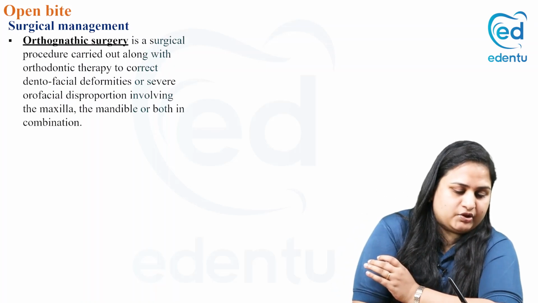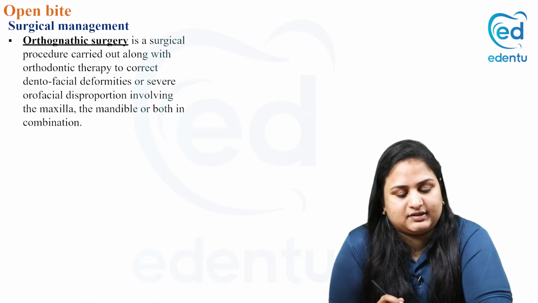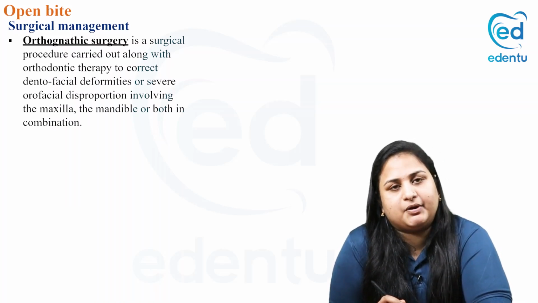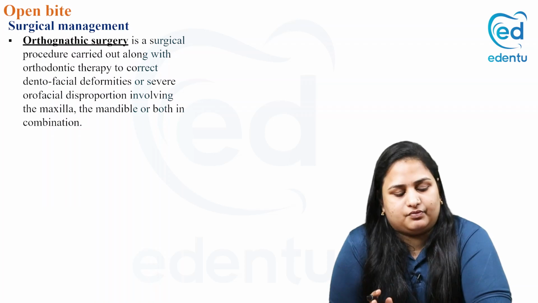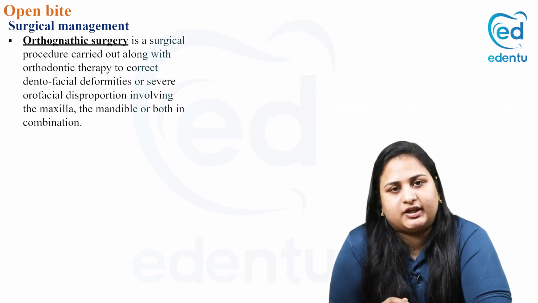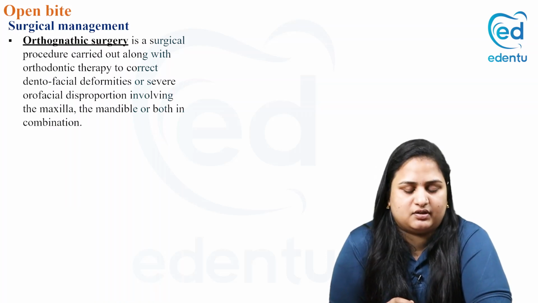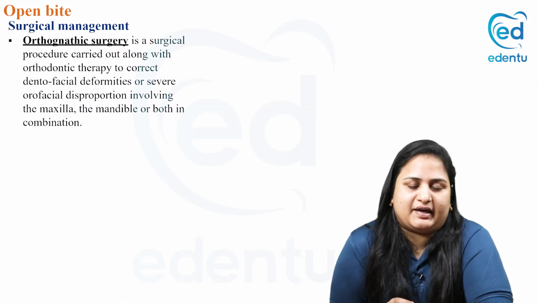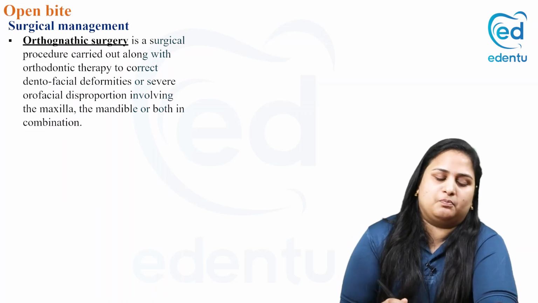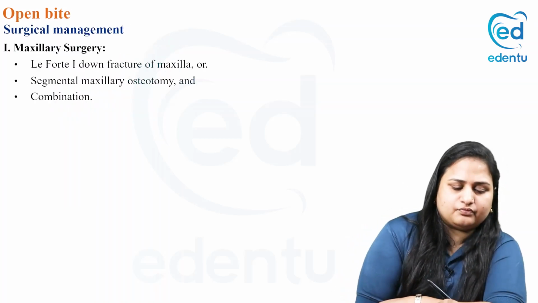So moving on, let's see what orthodontic surgery is, in which a surgical procedure with orthodontic therapy is used to correct dentofacial deformities or severe orofacial disproportions of the maxilla and mandible, or a combination of both.